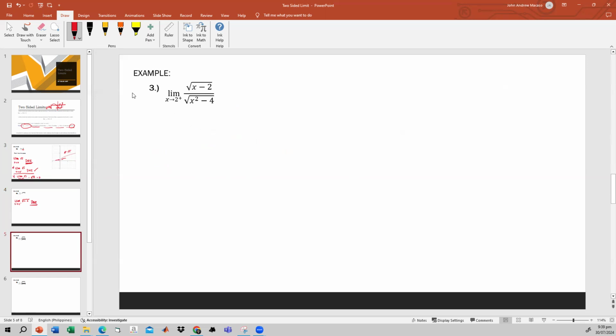So for example, we're asked to get the limit of square root of x minus 2 over square root of x squared minus 4 as x approaches 2 from the right. So in that case, what do you need to do? What we need to do, class, is, of course, substitute directly.